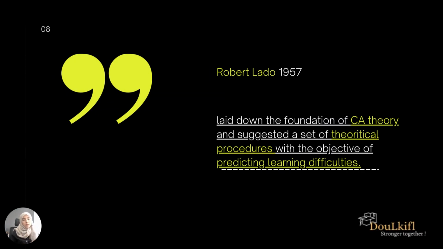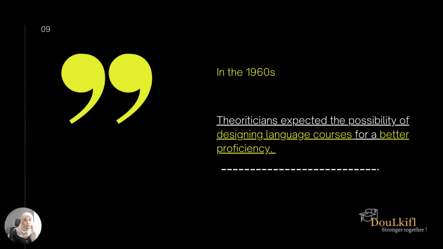Now, coming to Robert Lado. In 1957, he laid down the foundation of CA theory, or CAH, and he suggested a set of theoretical procedures with the objective of predicting learning difficulties before they occur. And so in the 1960s, theoreticians expected the possibility of designing language courses.